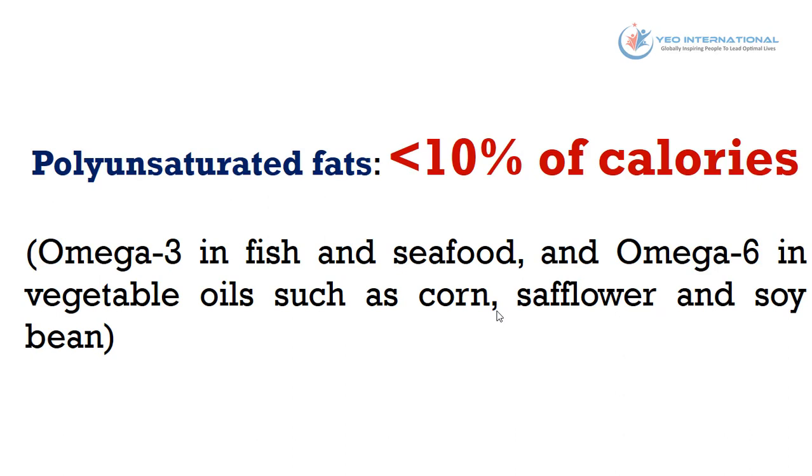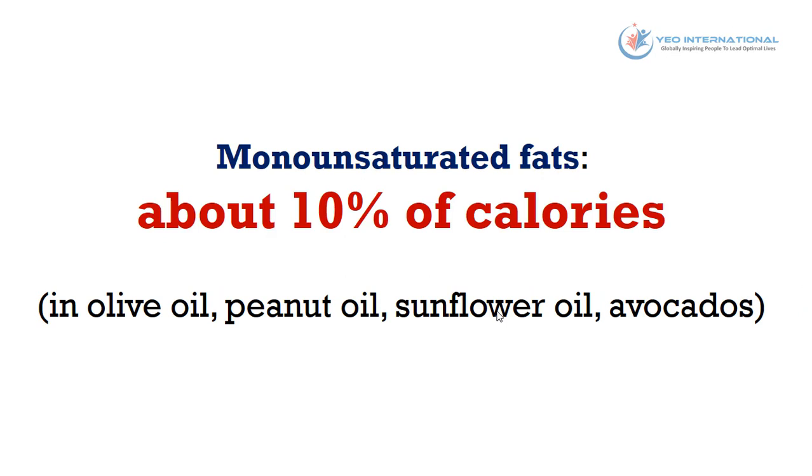So you should consume no more than 10% of such fats in your calorie intake. Examples would be your omega-3 in fish and seafood, and omega-6 in vegetable oils such as corn, safflower, and soya bean. So monounsaturated fats should cover about 10% of your calories. These can be found in olive oil, peanut oil, sunflower oil, and avocados.